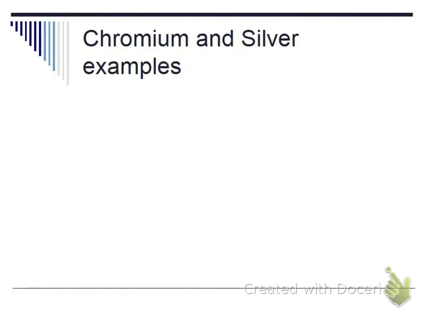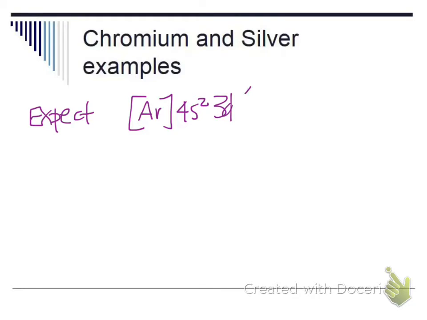When we're doing chromium, what do we expect? The way that I taught you last week, first of all, what's the noble gas that you would use? Argon. So you would expect chromium to be argon 4s2, 3d4.